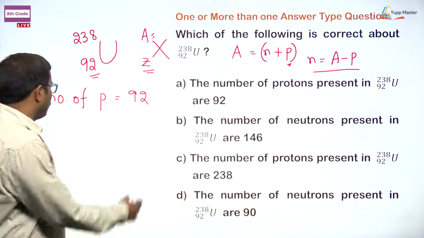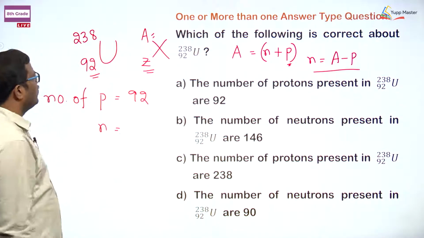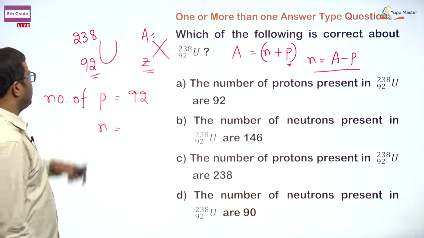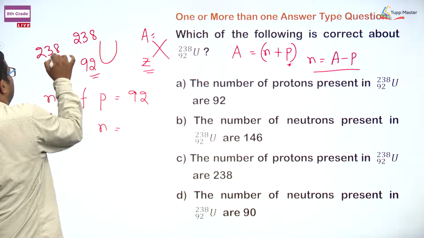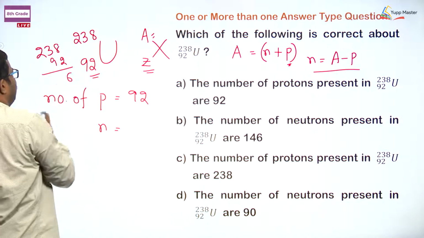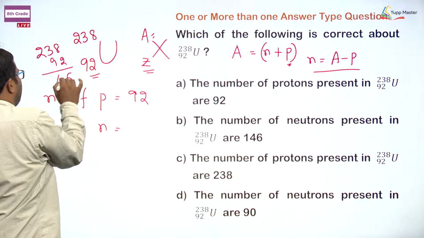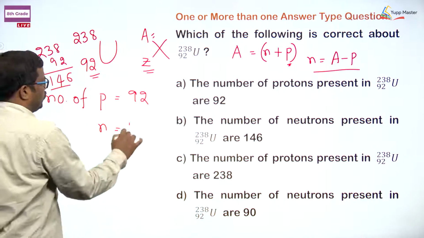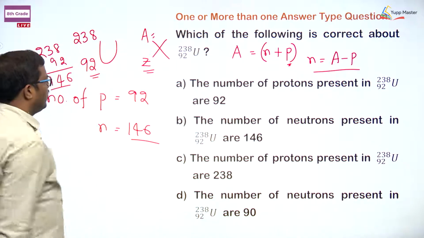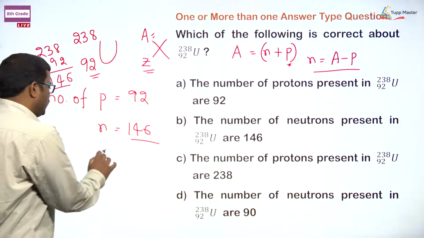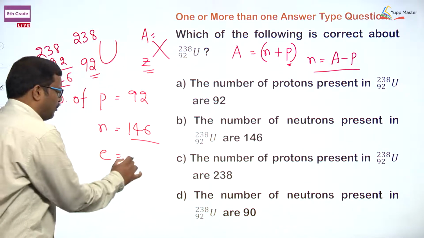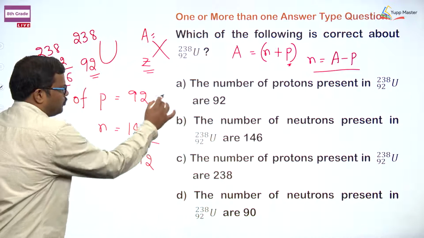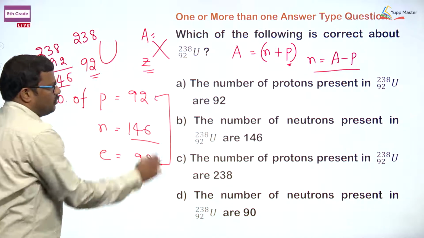So, the number of neutrons in this case is 238 minus 92, which is 146. So, 146 is the number of neutrons. Since it is a neutral atom, what will be the number of electrons? The number of protons and number of electrons will be the same.